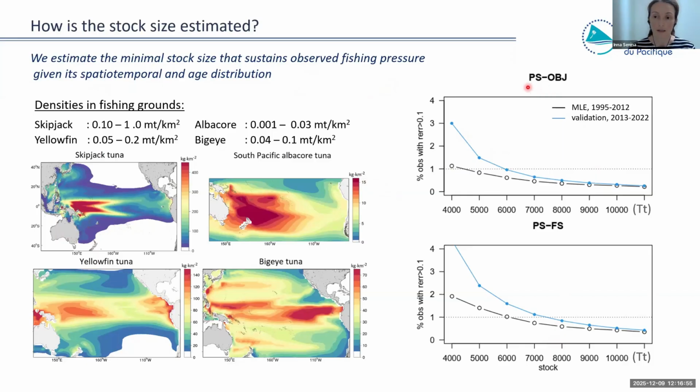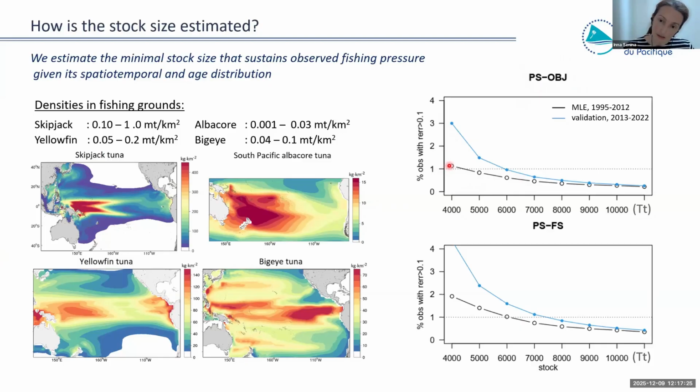We are fitting these densities of skipjack to the purse seine catches. And so we can see that a total stock of about 4 million tons is enough to sustain the purse seine catches, associated objects.